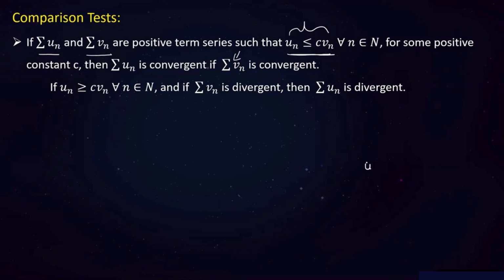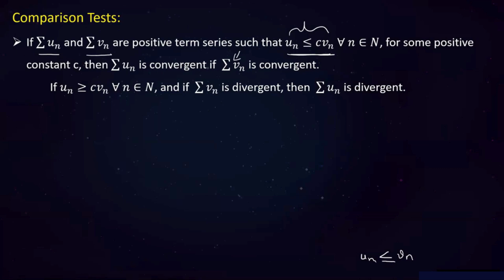You are given it this way. un is less than or equal to c into vn, right? Understand, un is completely a smaller series compared to vn. In particular, if I take c is equal to 1, you can understand it very easily. If the condition is this, un is completely less than or equal to vn.